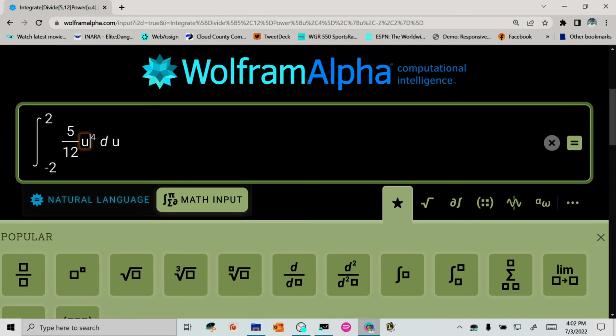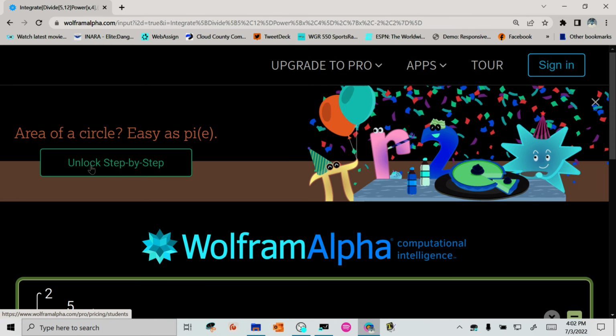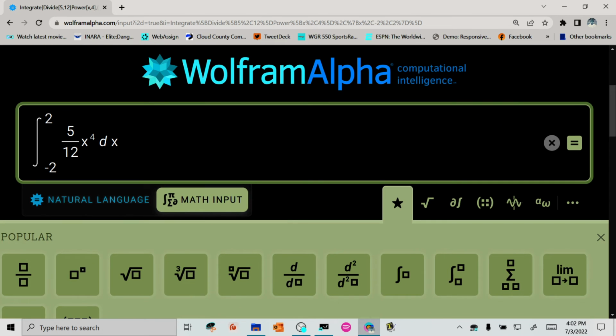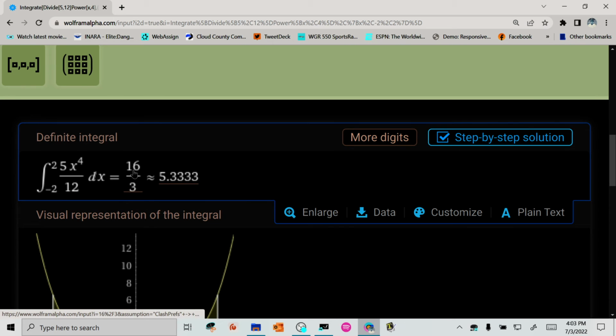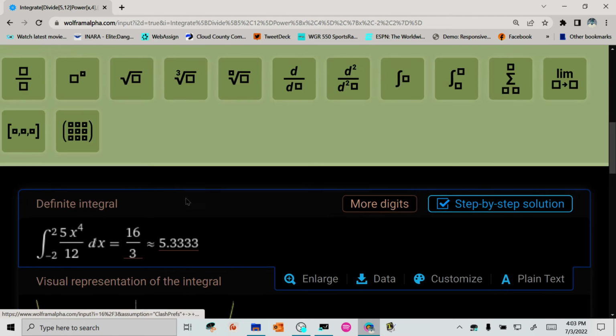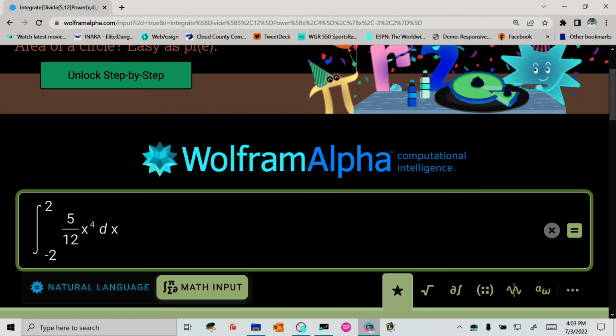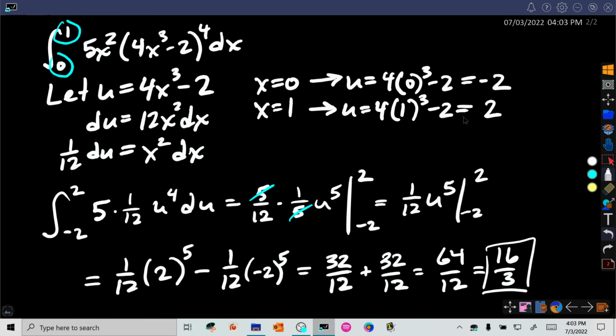Oh, of course it's going to give me a problem. Just do it with x. It's fine. Just pretend it's an x. There we go, 16/3. So there it is. It's the same thing. It works out perfect. All right. Let's go back to our notes. I'm going to continue on and do the next problem. You always need to make sure that if you're using u substitution, you also substitute the bounds as well.